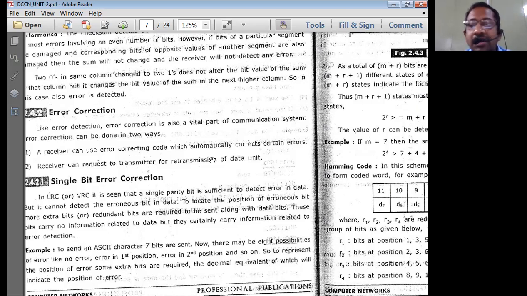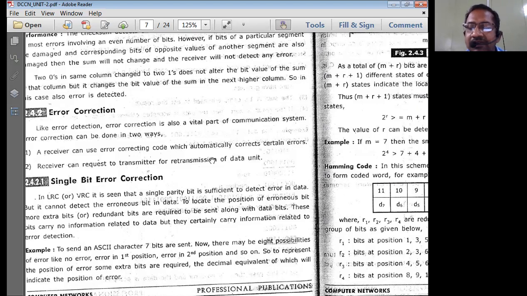That means all bits received by the receiver are correct bits. So that is the understanding regarding the error detection techniques. Apart from error detection, one possibility is that whenever the receiver detects an error in a particular packet of data frames, it simply sends a negative acknowledgement to the sender stating that this packet is erroneous, please retransmit.